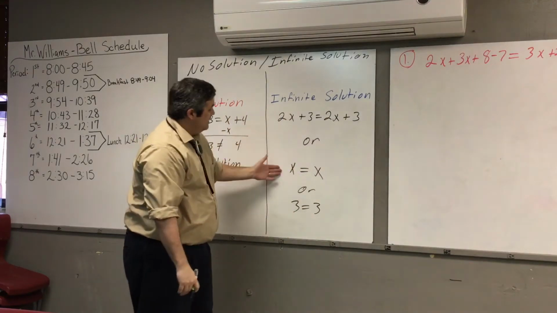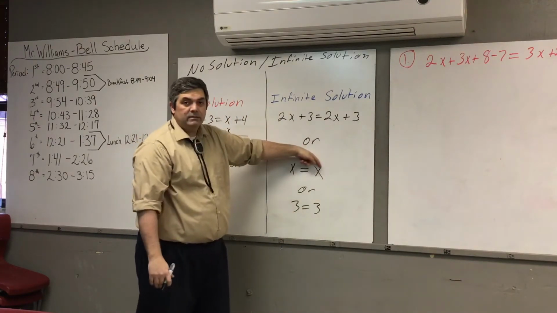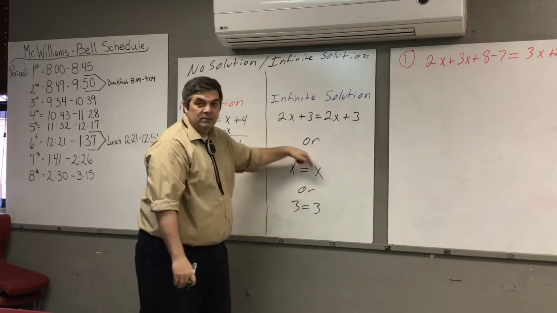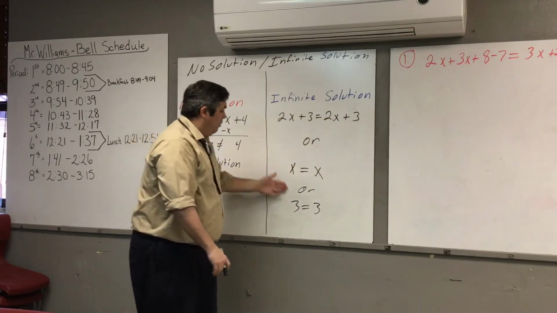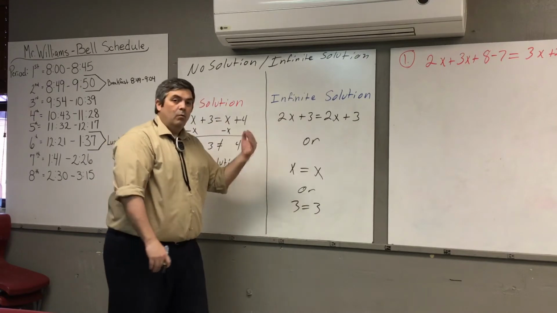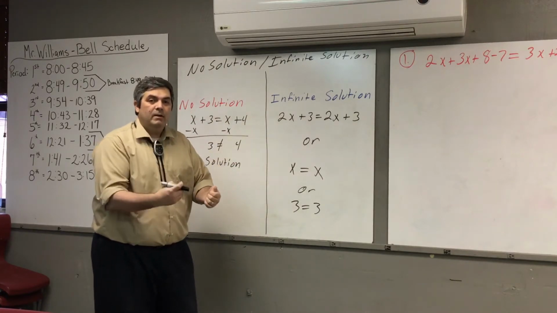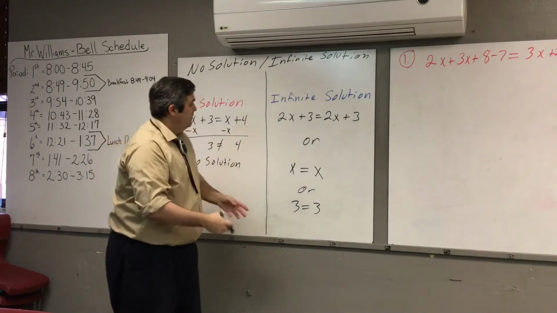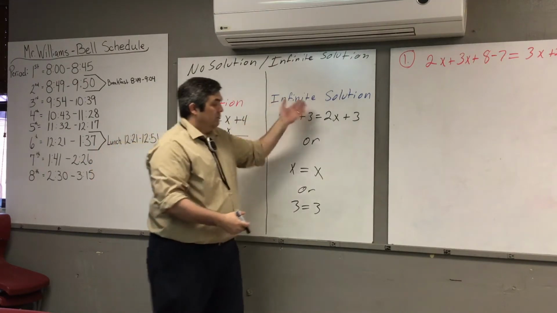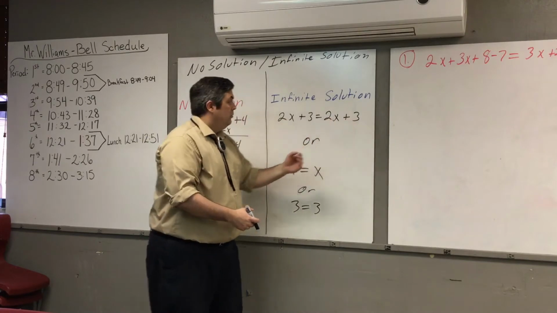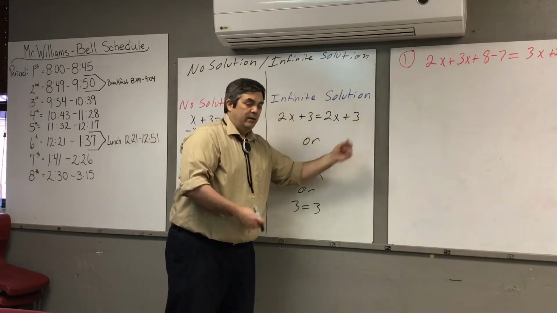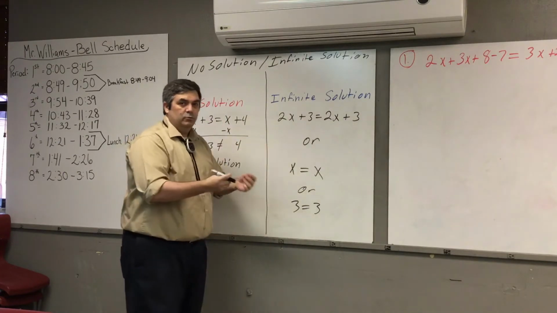Or it might look like this, x equals x, which if we had solved this out, that's what it would have looked like. Or it might be one number equals the same number as we solve down our equation. So in order for you to get infinite solution, you have to have this side be identical to this side. And that gives you that infinite solution.